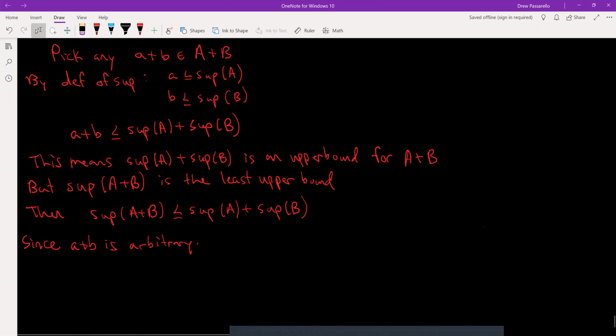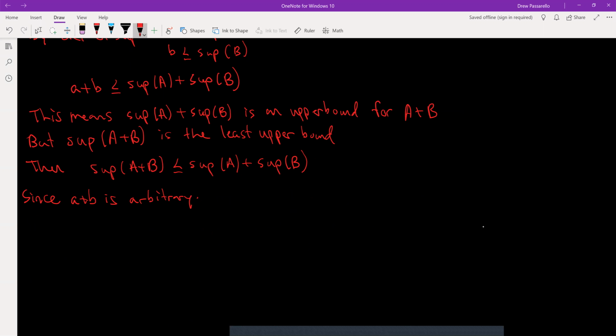Now case 2, we're going to show that the supremum of A plus the supremum of B is less than or equal to the supremum of A plus B. I think this is the more difficult case.